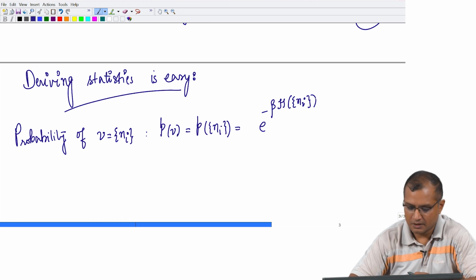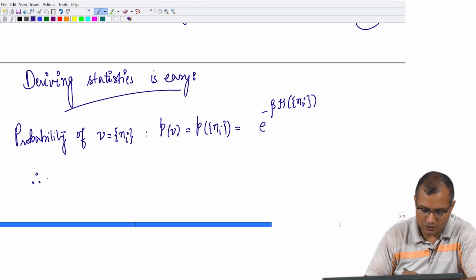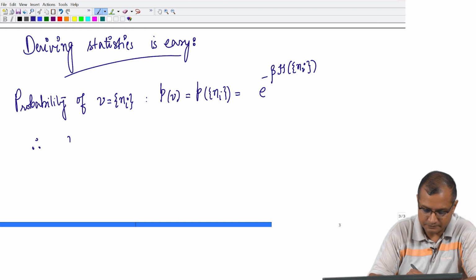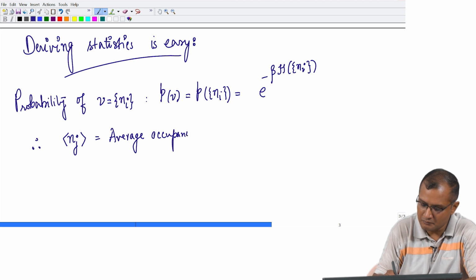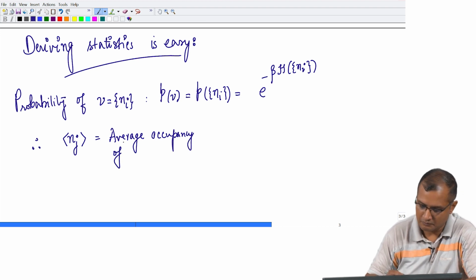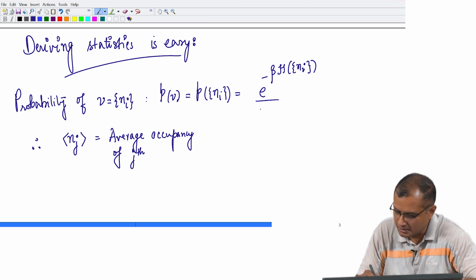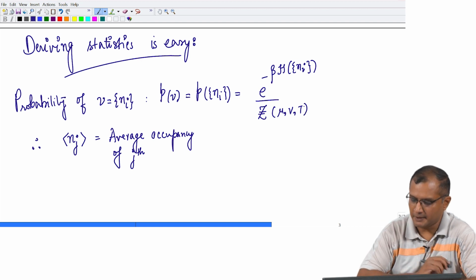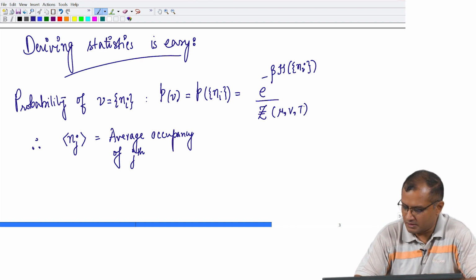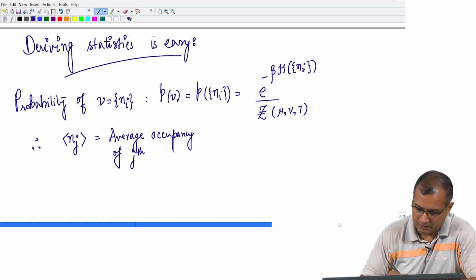Therefore, if I want to know the average occupancy of some jth level, this has to be normalized to the partition function. Otherwise, you do not sum these probabilities to 1.